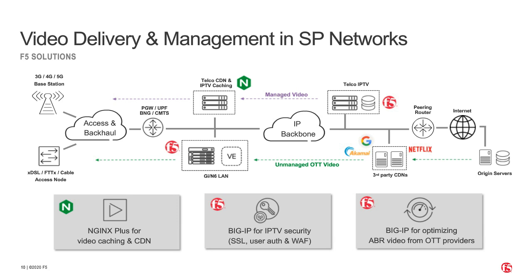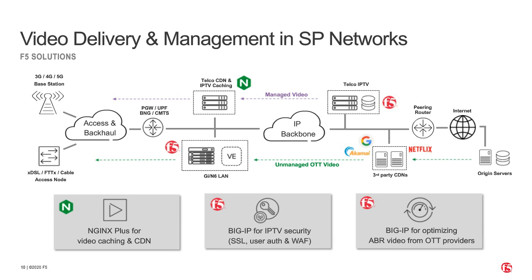So how to manage video coming from the content provider to make sure that we can preserve, in this specific case, the backbone, but mainly the network access, which is most of the time a precious resource, especially when we are talking about mobile.